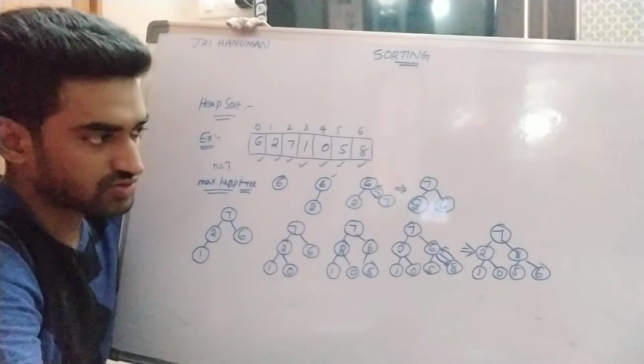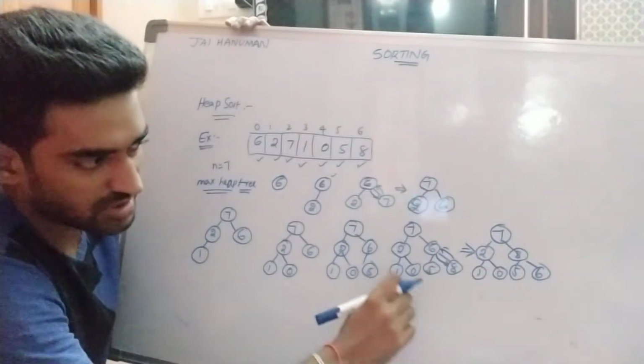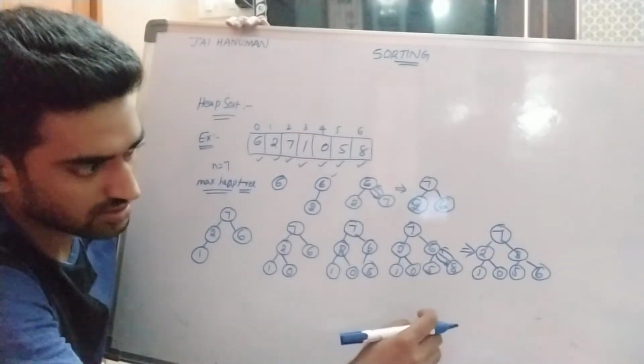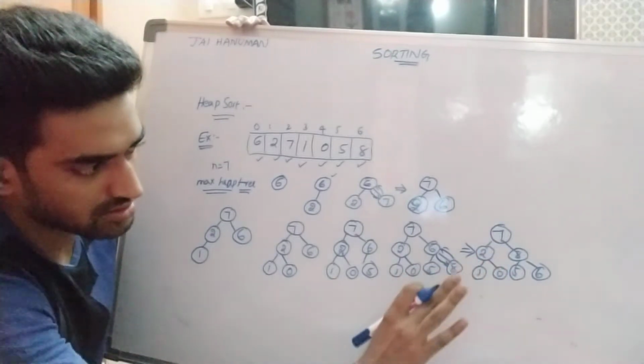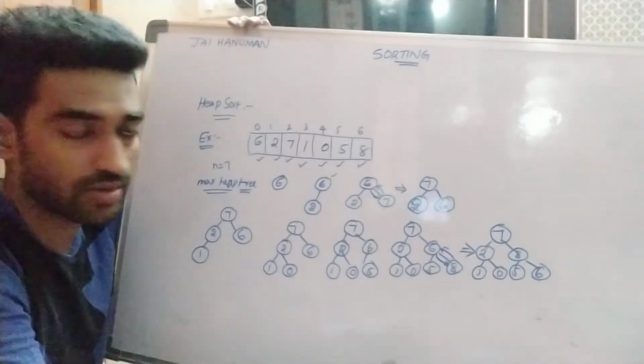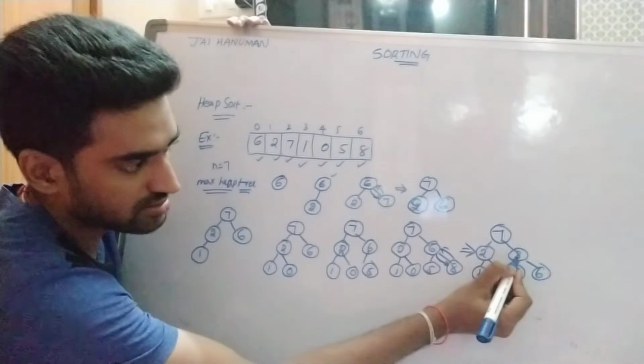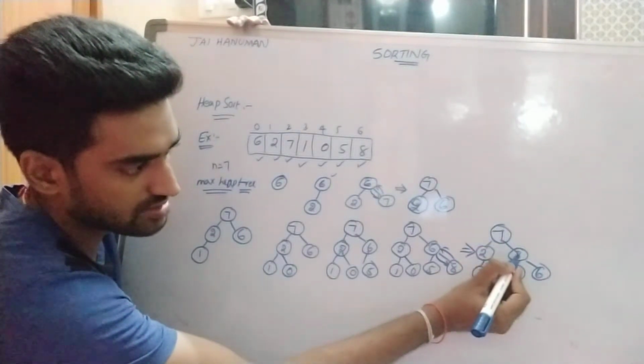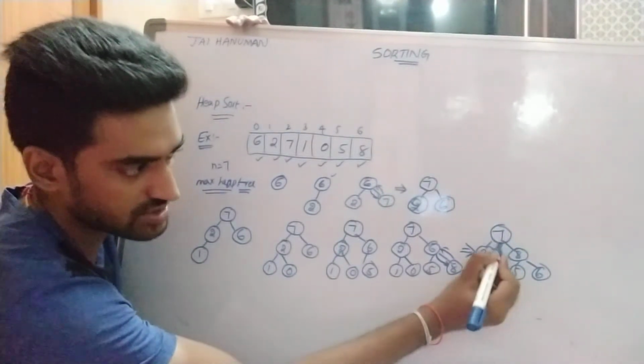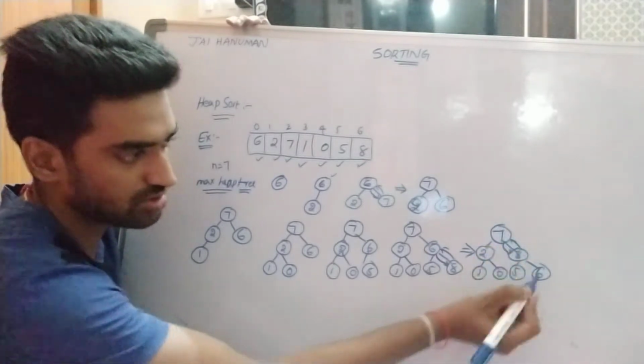Now check whether this tree satisfies the max heap tree property or not. So here this tree also does not satisfy the max heap tree property. Why? Because the children node is greater than the parent node. So that's why we are swapping these two nodes.